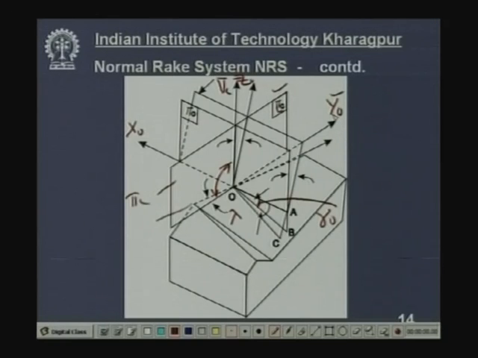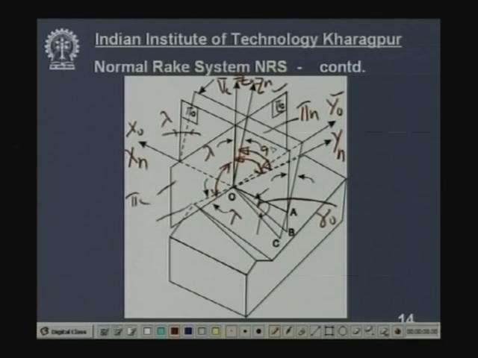Now, we have to consider a plane which will be perpendicular to the cutting edge. That means this orthogonal plane has to be tilted by an angle lambda, the inclination angle, so that this plane becomes perpendicular to the cutting edge, and this plane is called the normal plane, and this axis is called the y-n axis, this is x-n. Now, in the normal rake system, x-n, y-n and this axis is z-n, which is perpendicular, 90 degrees, to the cutting edge.